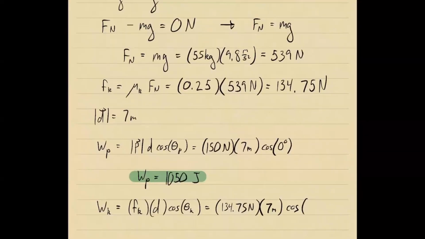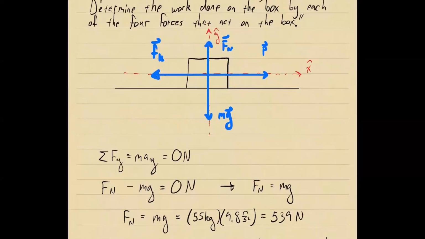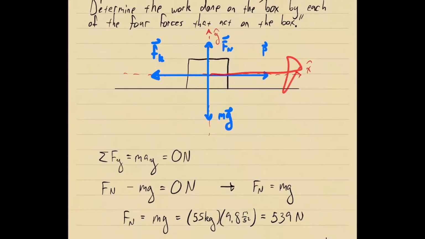And the angle between our displacement, which is in the positive x direction, and our kinetic frictional force, which is in the negative x direction, points this way, that angle is going to be 90 degrees plus an additional 90 degrees. So in this case, this is going to be 180 degrees.